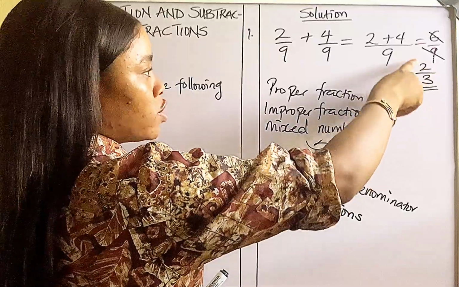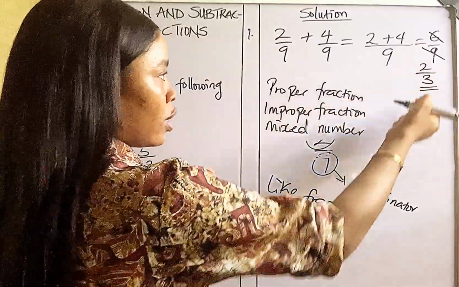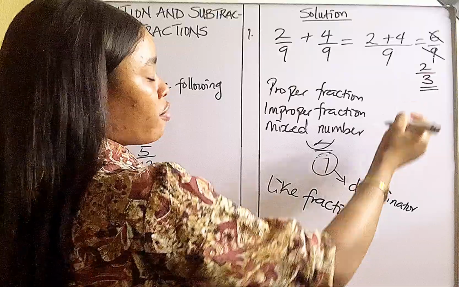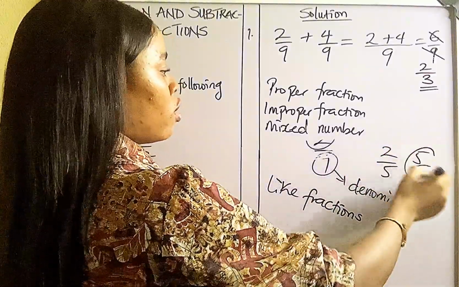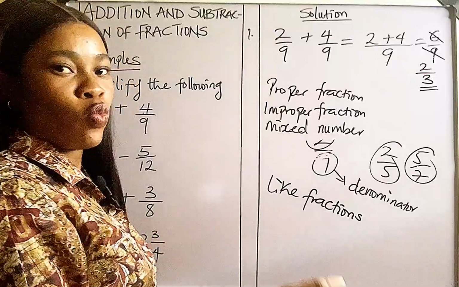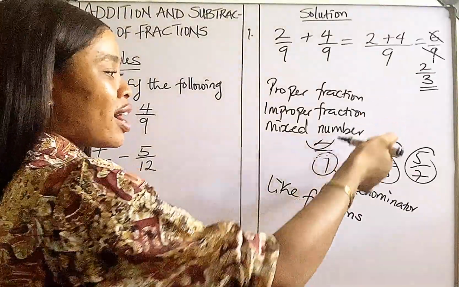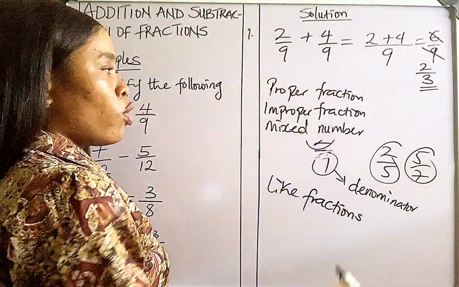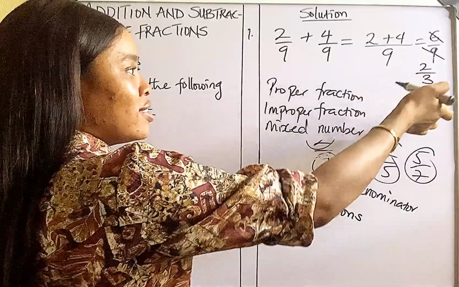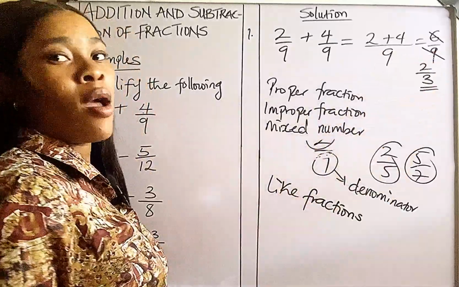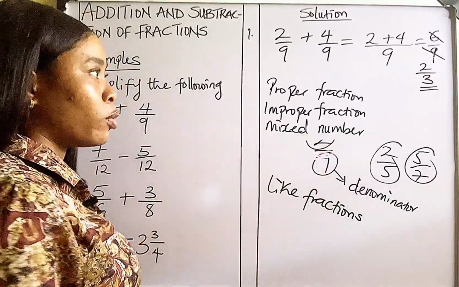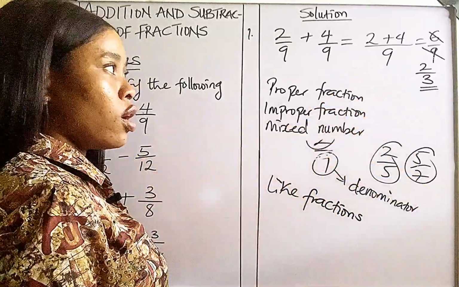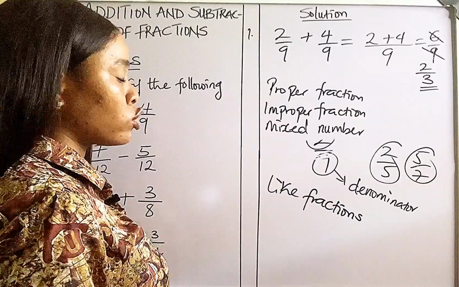Example, 2 over 5, 5 over 7. All these are proper fractions where the denominator is bigger than the numerator. So whenever your answer is in this form, it is proper to leave the answer like that. It's very, very appropriate to leave the answer like that in a proper fraction.